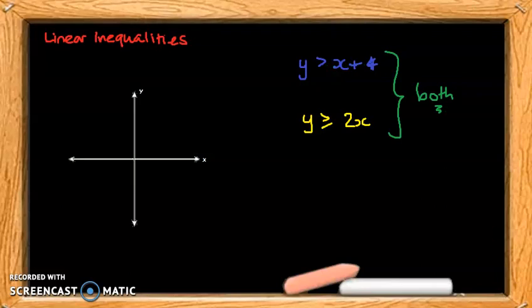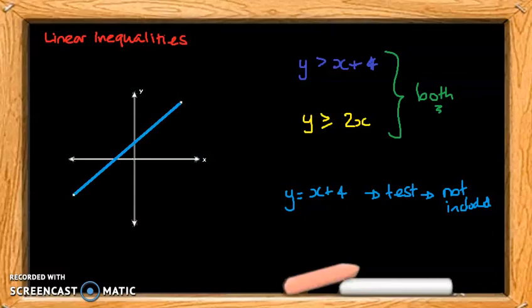x plus 4, remember, if I sketch y equals x plus 4, and then remember I'm going to test, and then remember my area is not included in the line, then I can sketch that. So y is x plus 4, that's going to look something like that. Now I know that I can test a point, so let's test a point that's up here.